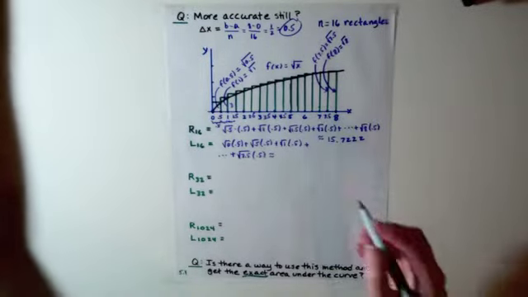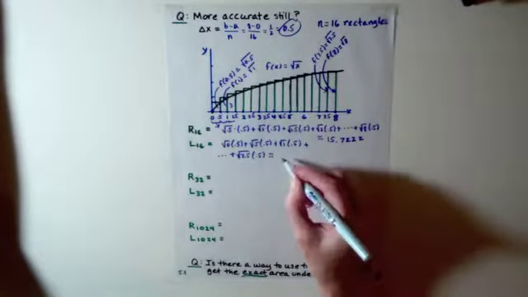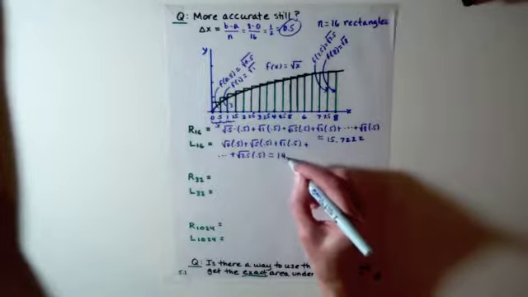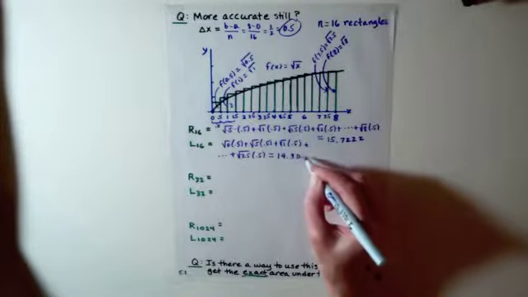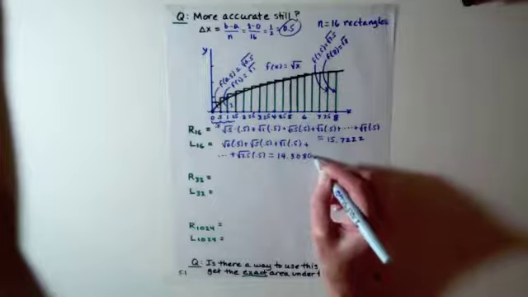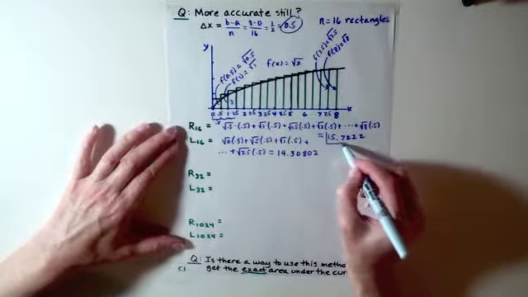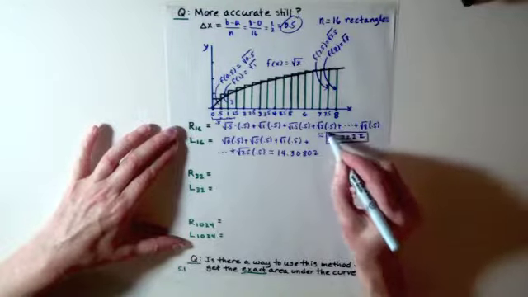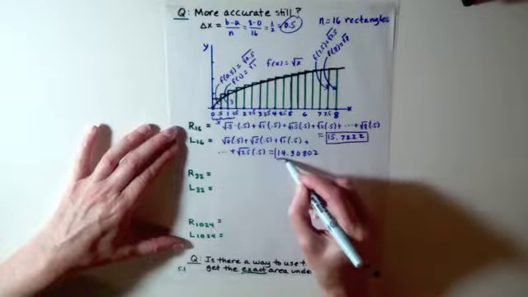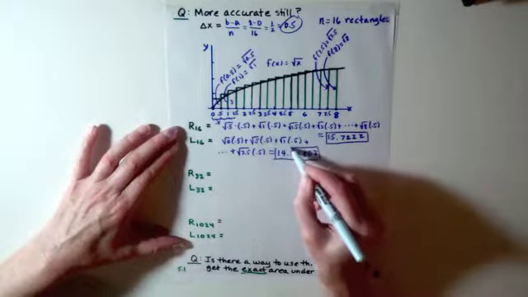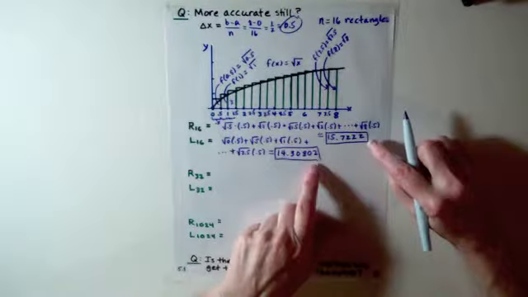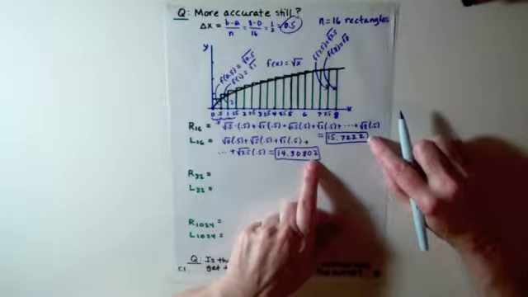So I plugged L16 into this estimate that I have written down here into a calculator, and I got 14.30802 something. So the right hand estimate with 16 rectangles is this. The left hand estimate with 16 rectangles is this, and you can see that these are getting a lot closer together.